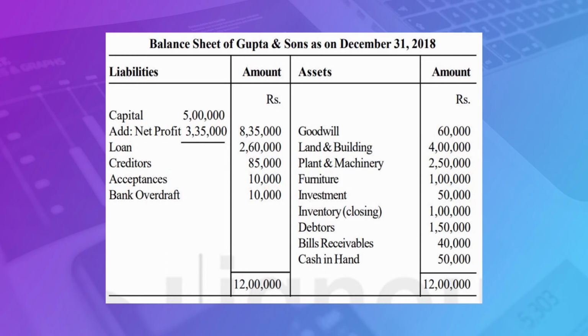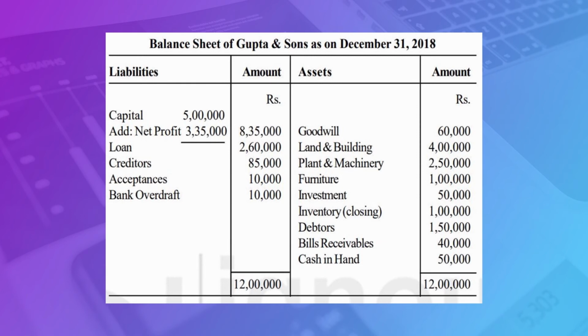So, dear learners, you see here at the top of the balance sheet it is mentioned balance sheet of Gupta and Sons as on 31st December 2018. So, it means this balance sheet is reflecting the position of assets and liabilities on 31st of December 2018.